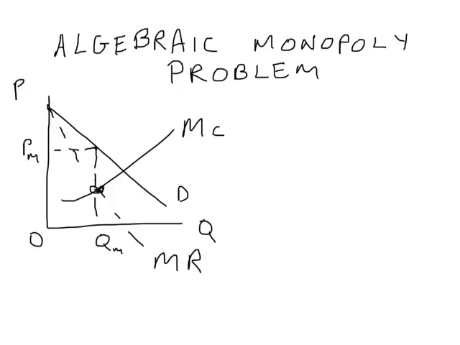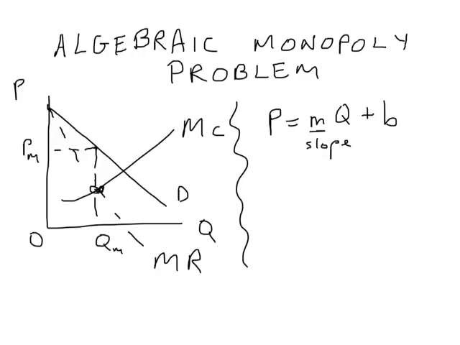In the general form, remember that in an algebraic system, we get our demand curve in algebraic terms. So we have the equation for a line instead of the graphical form, and we have P equals m times Q plus B, where m is the slope, always a negative number because of the law of demand, and B is the y, or the price axis intercept.